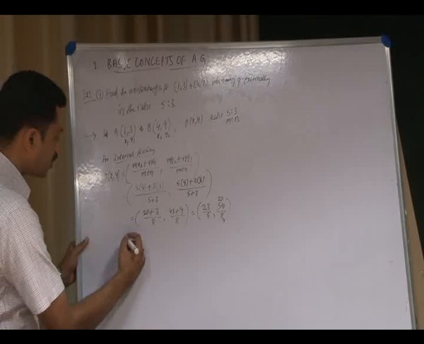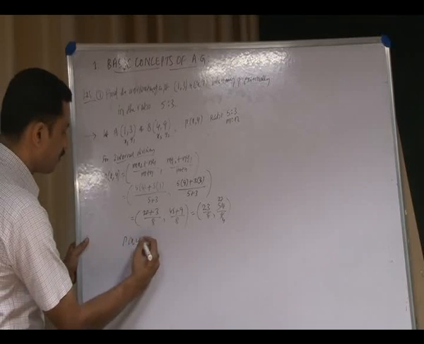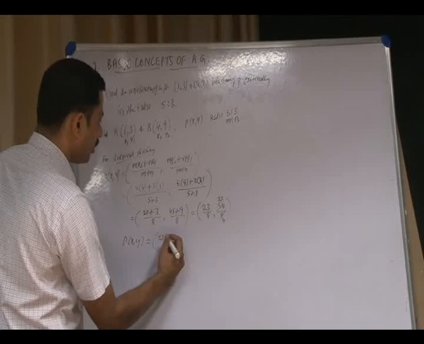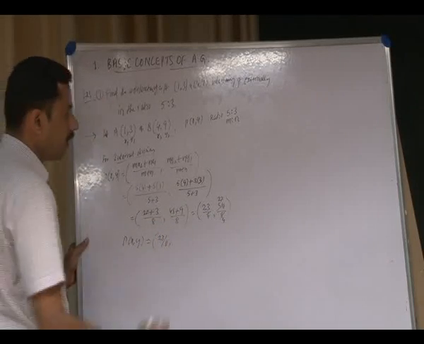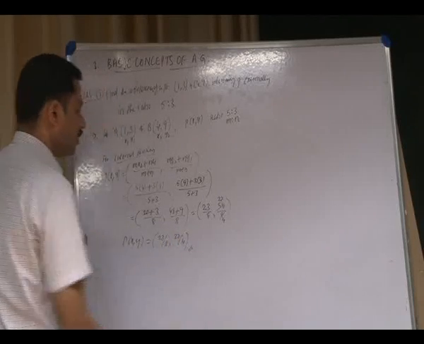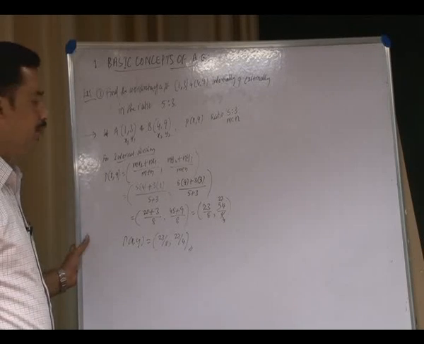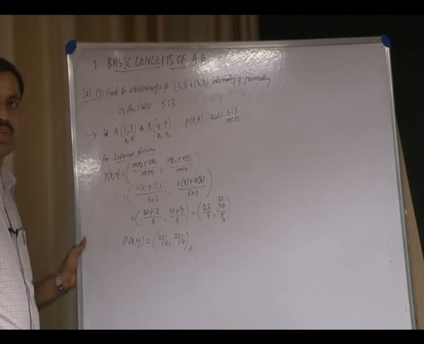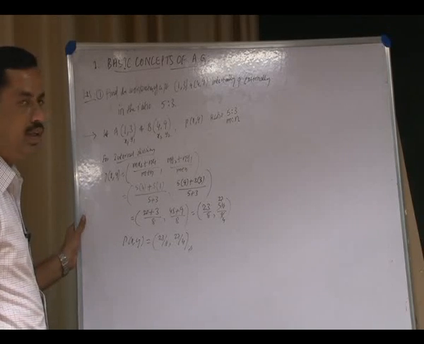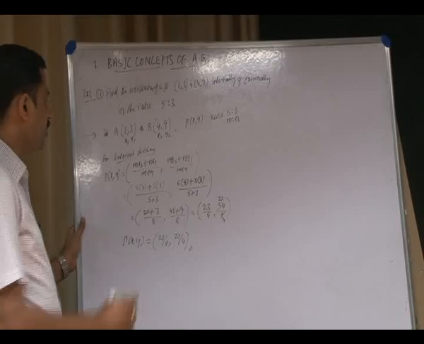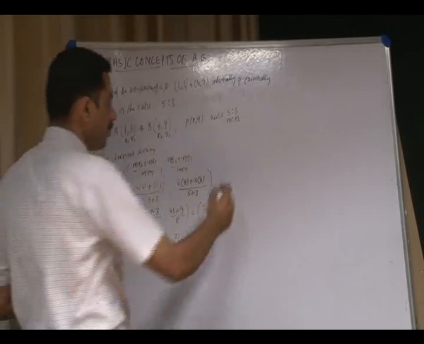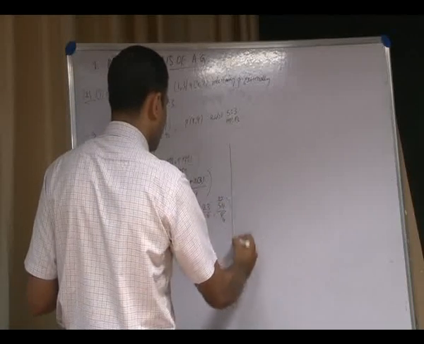Therefore, the coordinates of point P (x, y) are: x coordinate 23 by 8, and y coordinate 27 by 4. These two are the coordinates of point P for internal division. Similarly, you can calculate the coordinates of point P for external division also. For external division, you just have to consider a negative sign in between in this formula. So, for external division, I will write on this side.